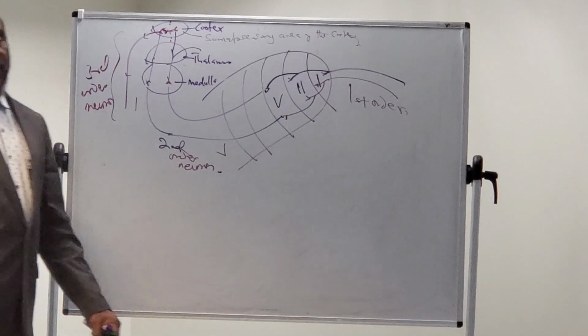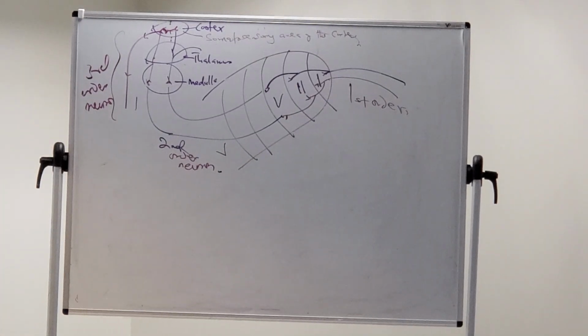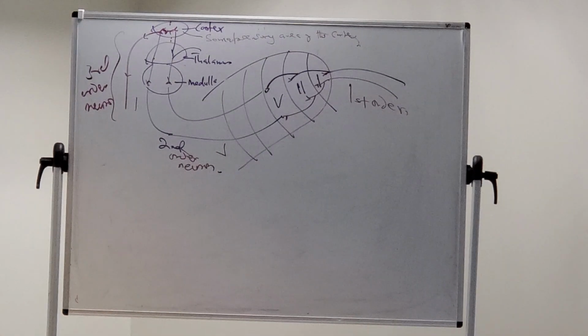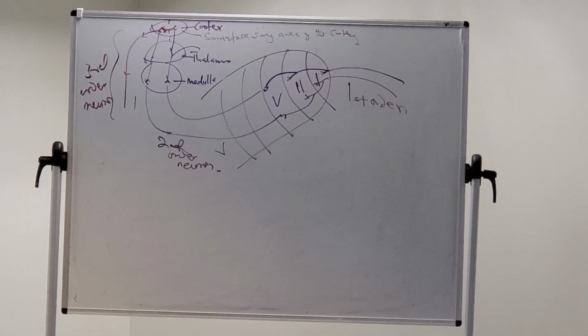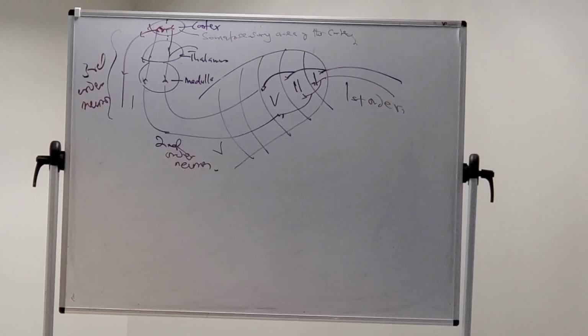So this is a pathway the transmission goes from the first order neuron. First order neuron will involve the dorsal horn, the afferent fibers to the dorsal horn. The second order neuron will move from the spinal cord. It crosses over to the opposite side and ascends through the spinothalamic tract.